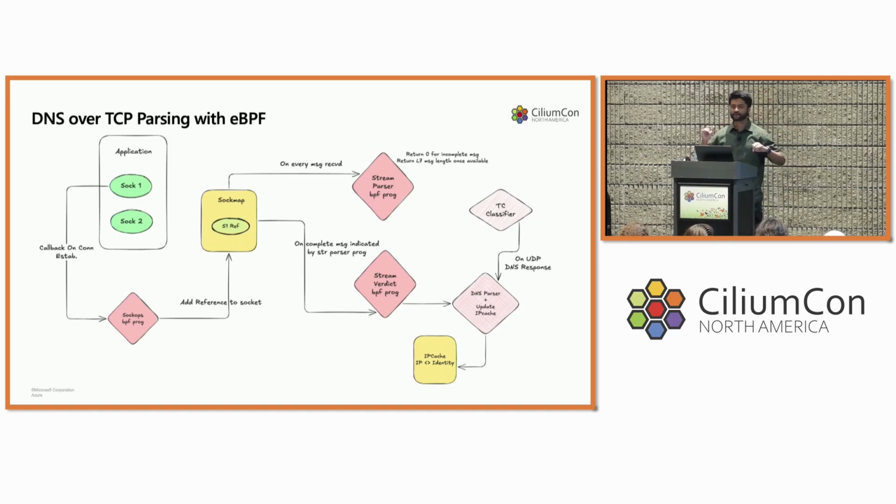In the parser, we get the query name, look up that BPF map to know what the identity for that domain name is, and update the IP cache. I'm assuming everybody understands what the IP cache is, but it's basically something Cilium uses to maintain a mapping between an IP address and an identity, and your policy subsystem looks up this IP cache at runtime. Once we update that IP cache, we're done. Everything necessary for the policy is already plumbed, so you can go ahead.